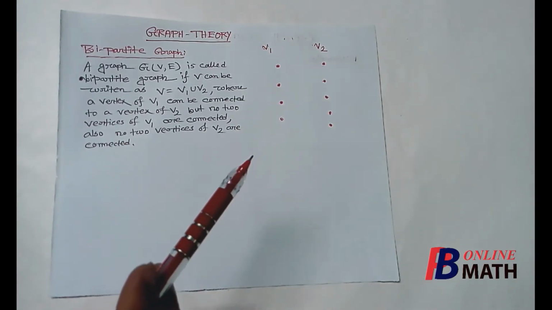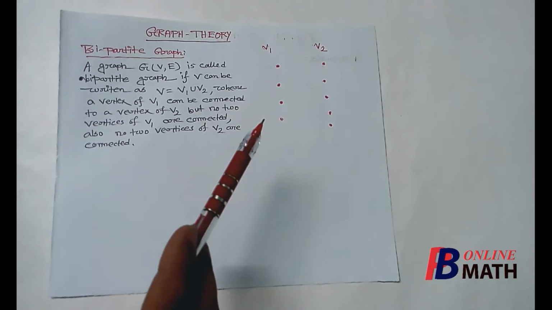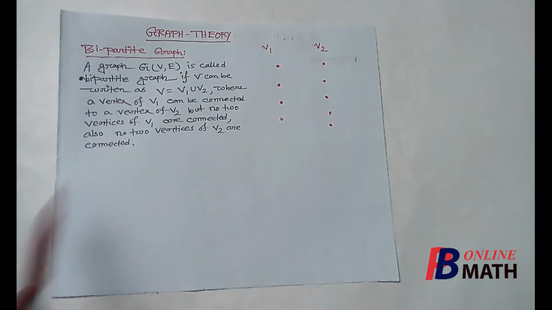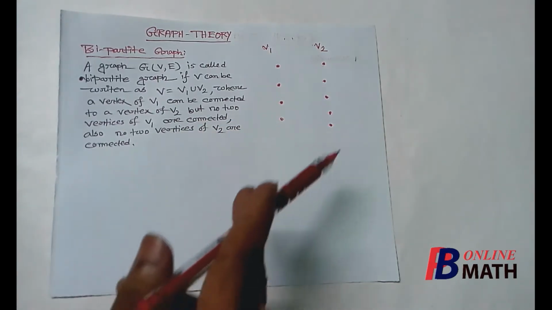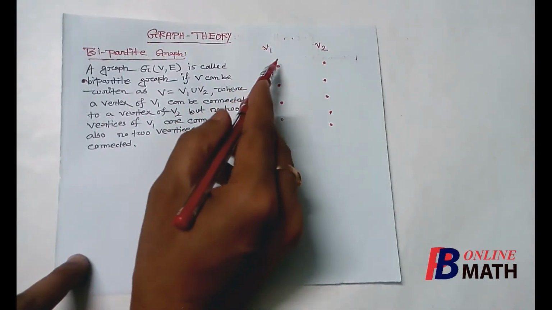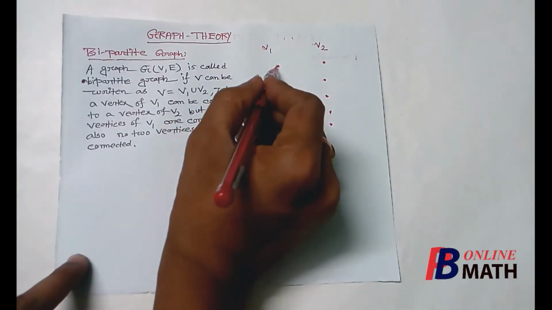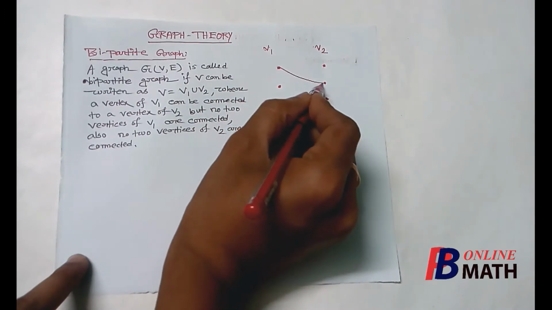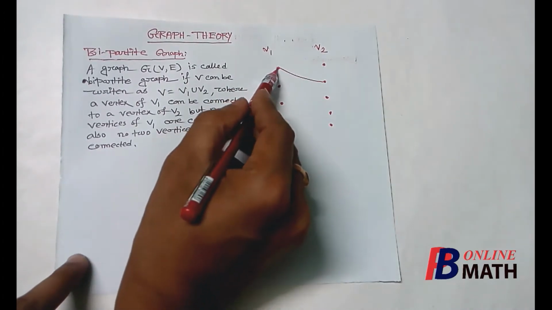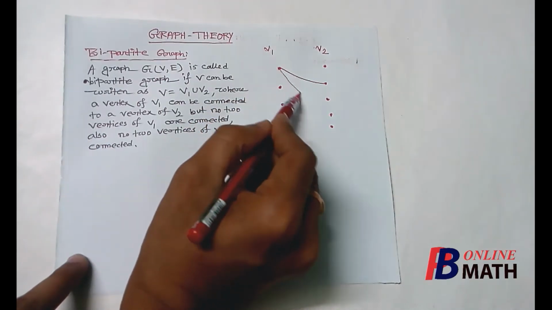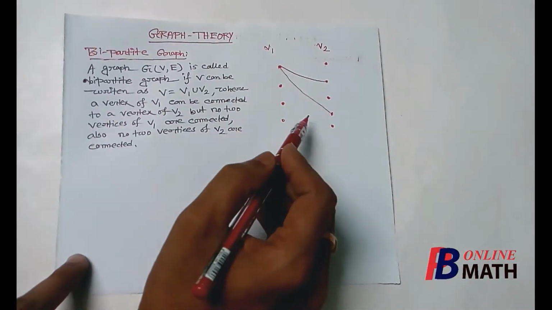But there may be an edge between a vertex of V1 and a vertex of V2. So suppose if this be a bipartite graph, then this vertex of V1 may be connected to a vertex of V2. Similarly, this vertex may be connected to another vertex of V2.